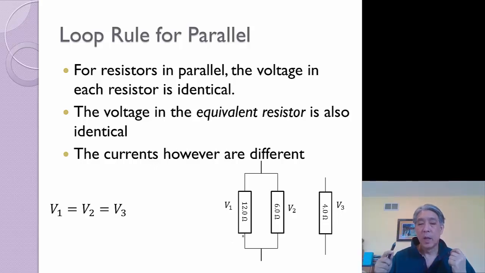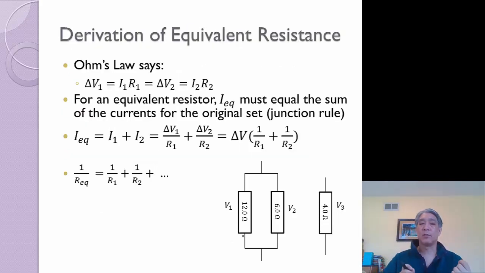Notice, however, that the equivalent resistor in this case is 4 ohms. I'm not going to be adding my 12 and my 6. Not exactly. So let's look at the formula and how we derive that formula. Again, Ohm's law basically says that the current through each resistor is equal to the voltage drop through each resistor.